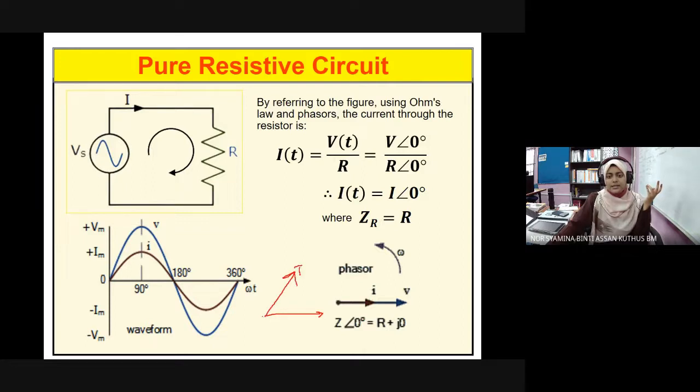Ni I. Ni V. Lepas tu ni angle yang dia lead tu. Still remember this? So this particular question, I angle dia, phase dia 0, V pun 0 sebab dia daripada origin. Can you see that? And there are no phase difference between V dengan I. So thereby your phasor diagram pun berada dalam satu horizontal line.